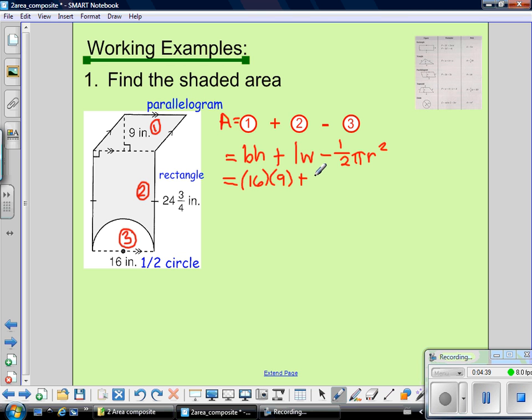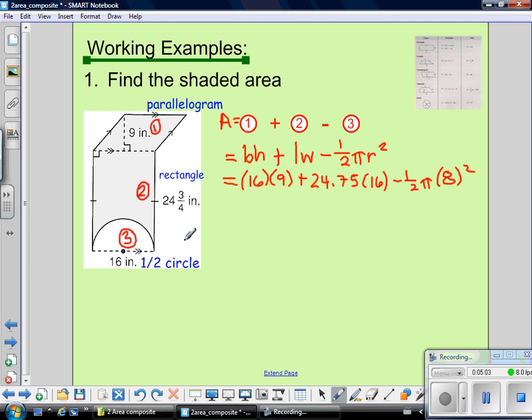Now I would probably change that to a decimal right away, so 24.75, and I'm going to multiply that by 16. And finally, our half circle. Now they gave me the diameter, so I want the radius, so I'm going to divide that by 2, so that's going to be 8 squared.